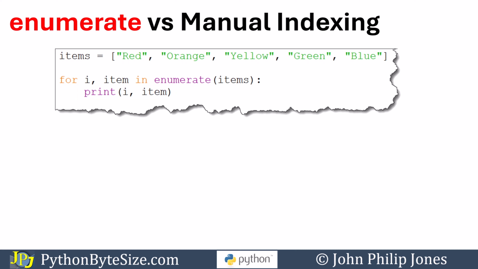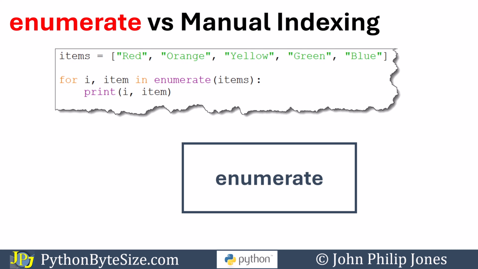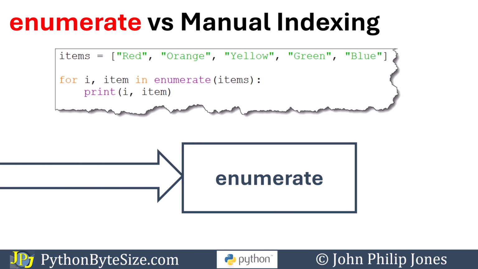Let's consider the enumerate function. You can see here I have got a schematic diagram representing enumerate, and this will take an input, and the input you can see in the program is items. So on my diagram, I'm going to place the items that are going to be input to the enumerate function.